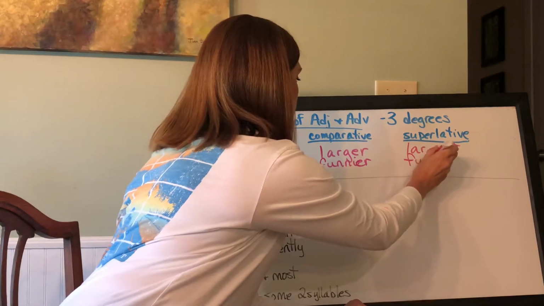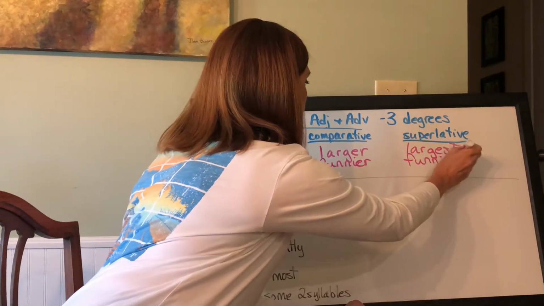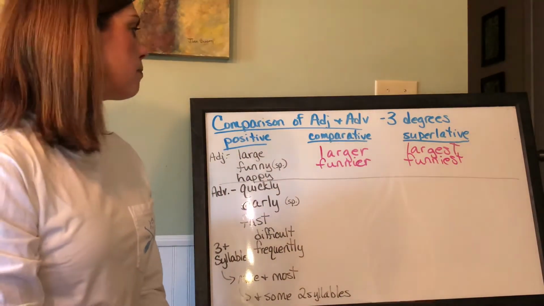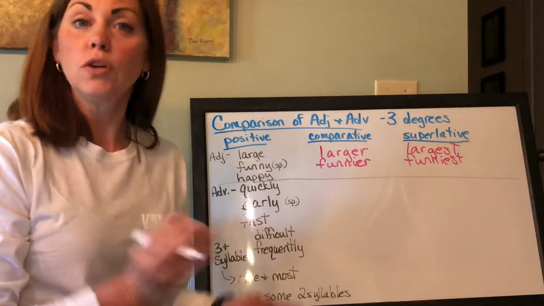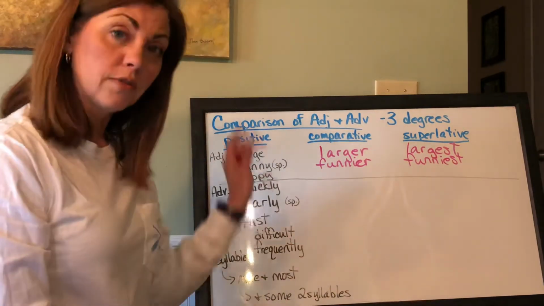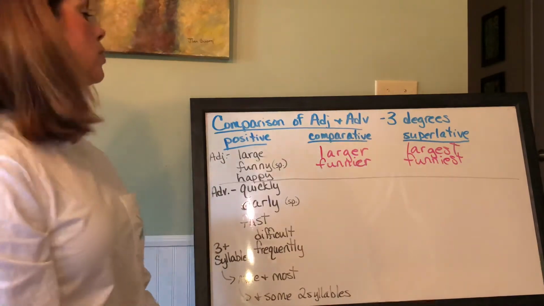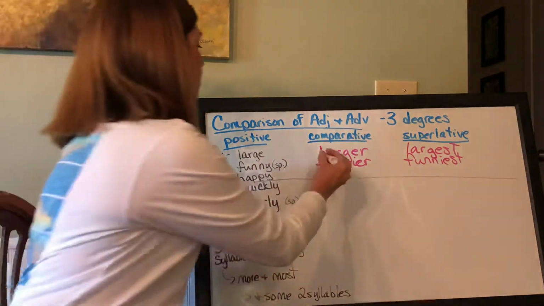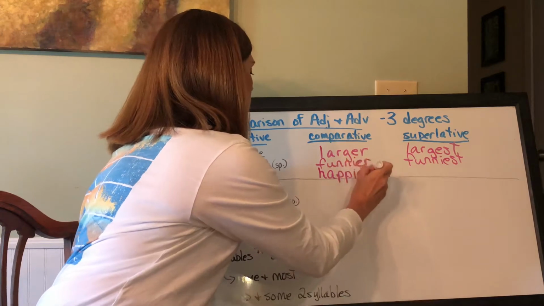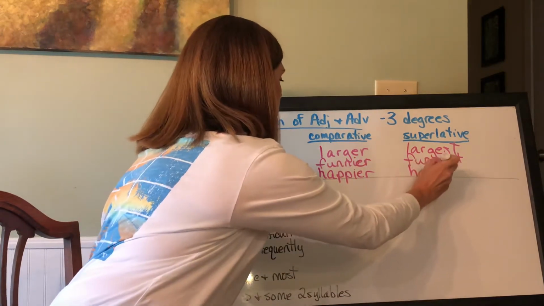Now some of you are saying to yourself, I already know this. I learned this a long time ago. That's great. For you, it's just a review. For some of you, you might need me to go over all of the rest of this. So hopefully we can make this short and sweet. All right, so happy would be happier and happiest.